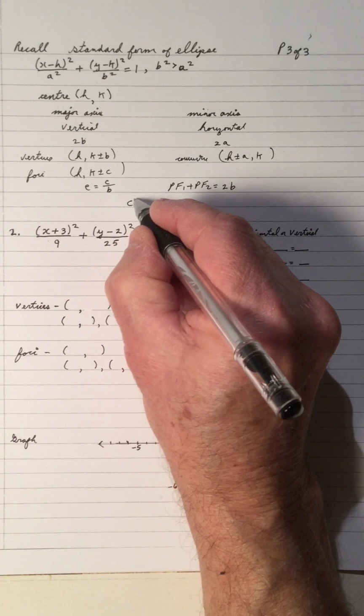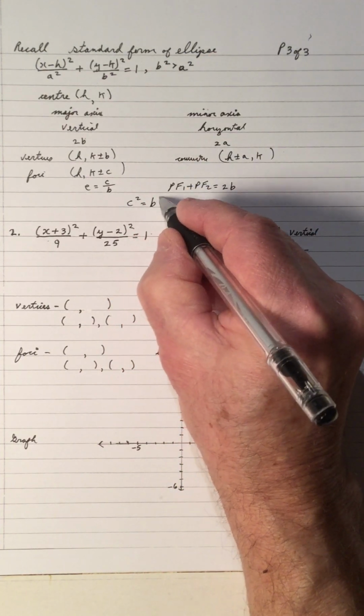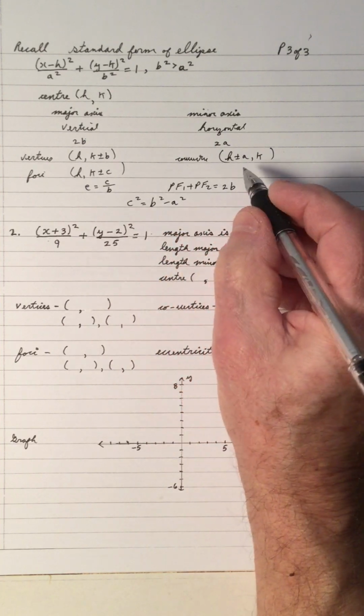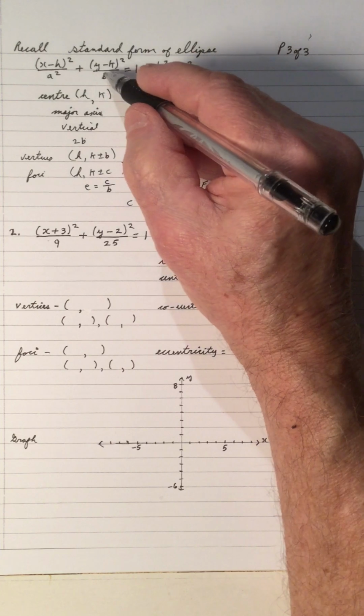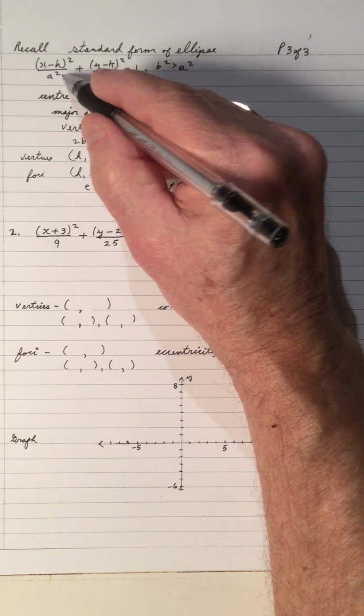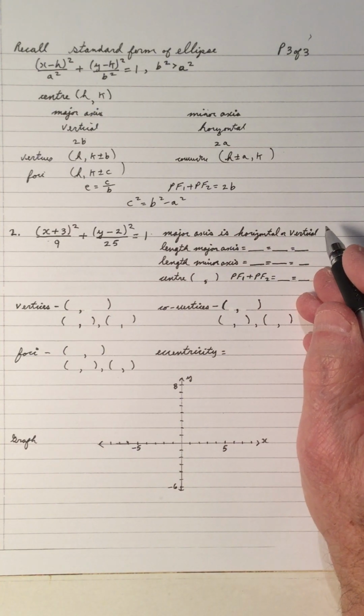And we have c squared. This time, because b is larger, it's b squared minus a squared. In the horizontal ellipse, it's a squared minus b squared. It's always the larger number, whatever number is here, minus the smaller one. That's the way I remember it.